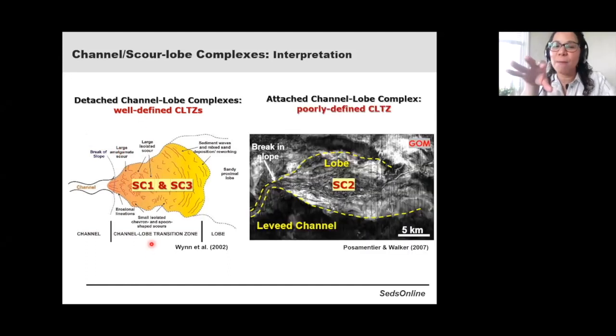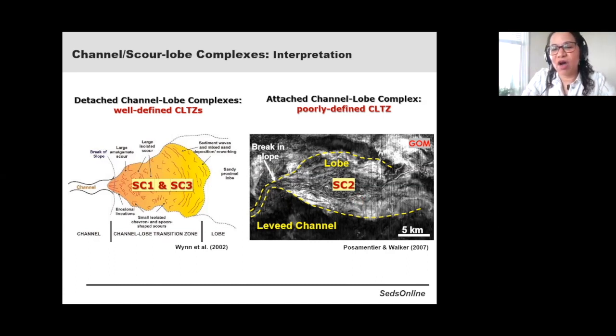While the middle complex is a different type of channel-lobe configuration, because in this case the CLTZ didn't form. The channel and the lobe were just attached to each other.